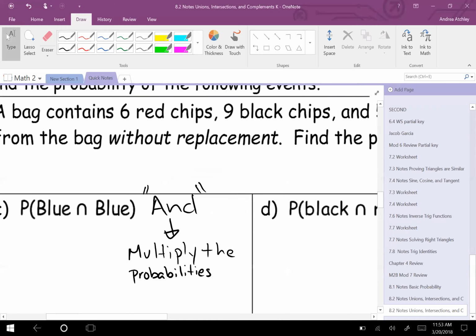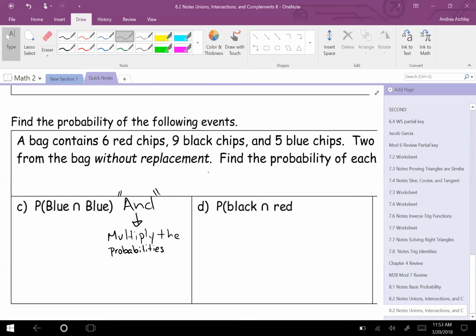Okay, so our first step is to find the total. We have 6 plus 9 plus 5. How many is that? 20 in my bag. Okay. So the probability of the first thing is 20 in the denominator.